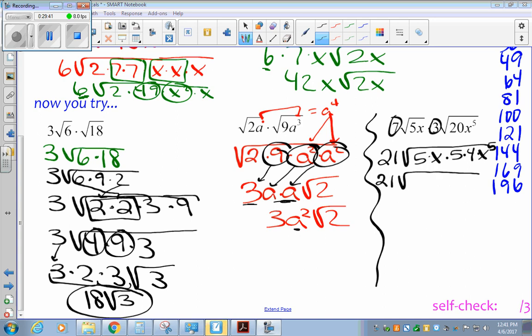So 5 times 5 is 25. That's a perfect square. 4 is a perfect square. And any exponent that is even is a perfect square. Any exponent that's even is a perfect square.